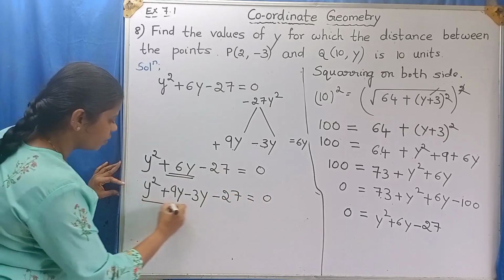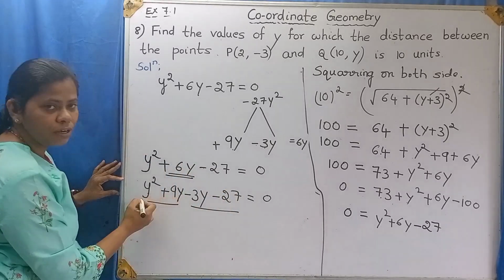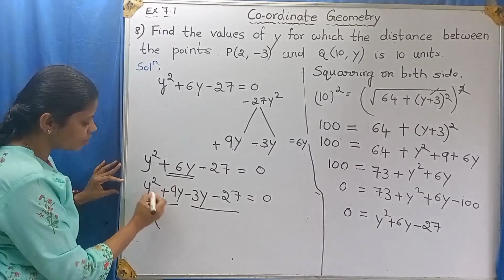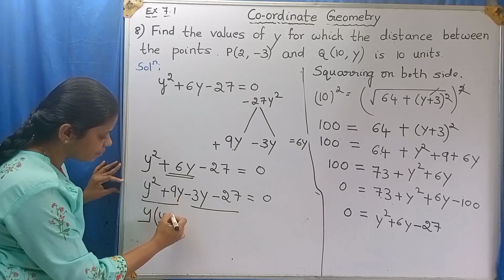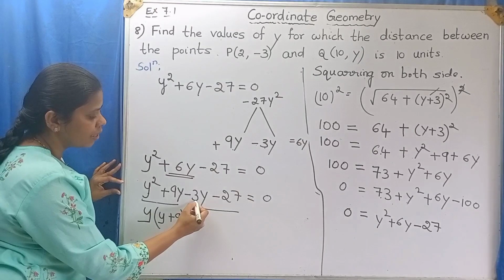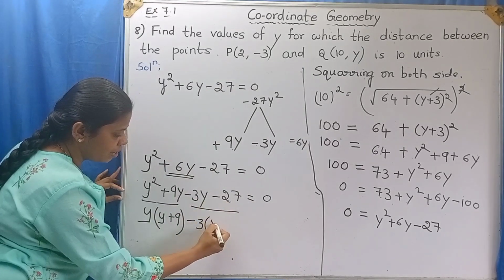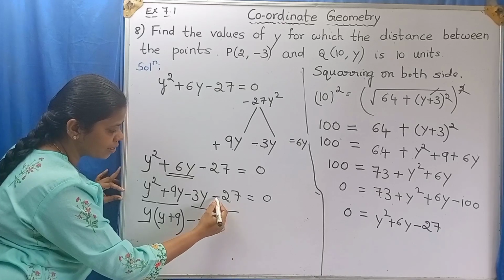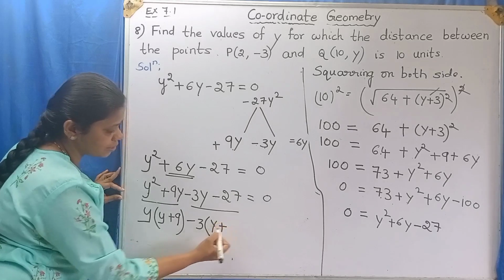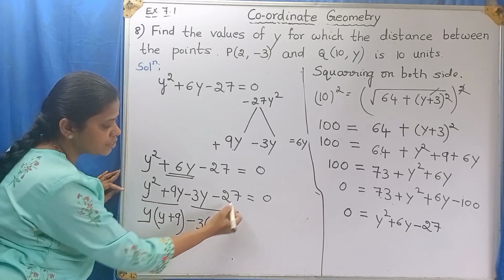Now let us make these two one group. y is common in both, so let us take y outside. y, then which is left here? y plus 9. Minus, then which is common in both? 3. 3 times y plus 9, since we have taken minus outside, minus into plus will become minus, that's why. 3 9s are 27.